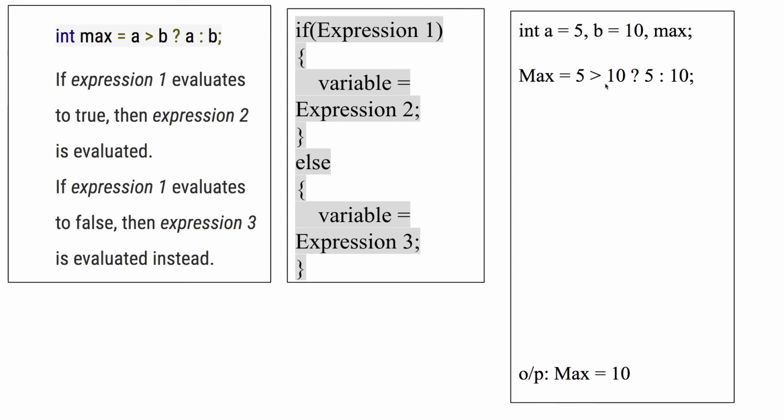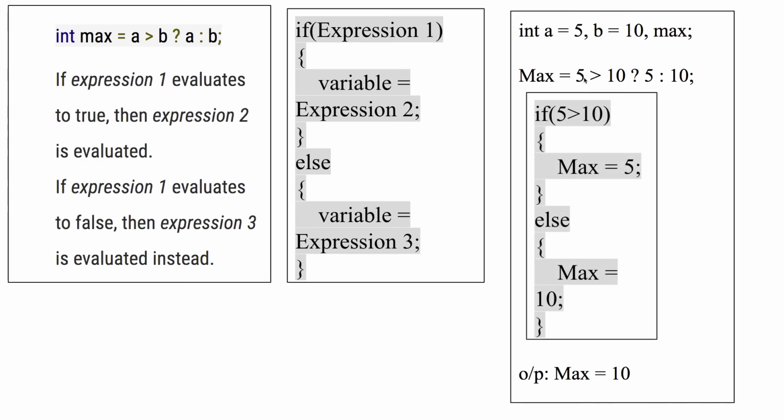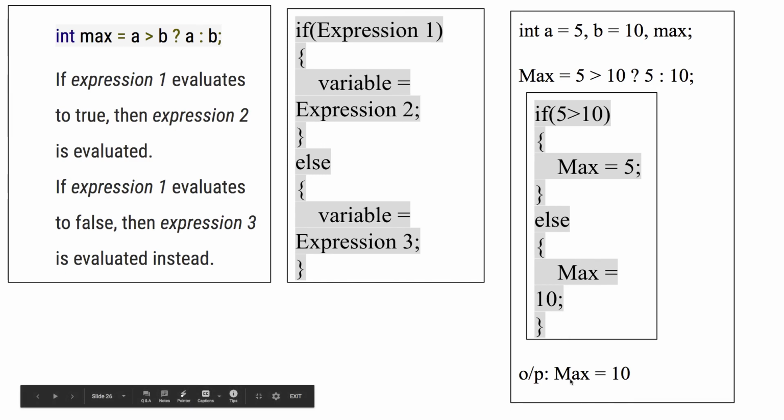If the condition, that is 5 greater than 10, is true, then 5 will be assigned to max, which is not correct. That's why 10 will be assigned to max and the else part will be executed. So friends, the final value of max will be 10.